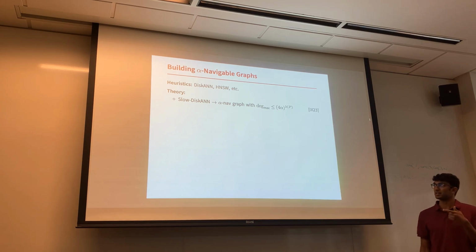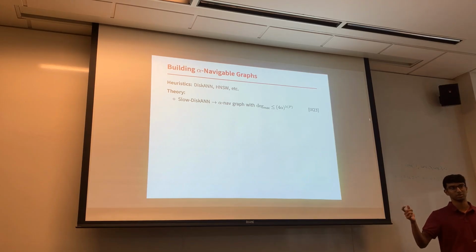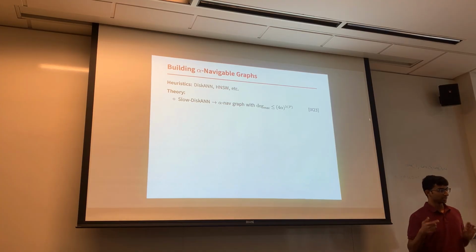So the same paper by Erik and Ashwin, they analyzed a theoretical version of this DiskANN heuristic. And they showed that this algorithm always builds you an alpha navigable graph with bounded maximum degree. I'll get into what this bound means in the next slide, so don't worry too much about it right now. So this particular algorithm always gives you an alpha navigable graph with some sparsity guarantee.